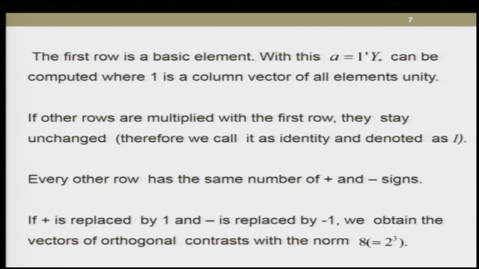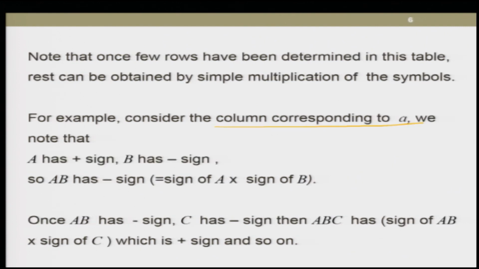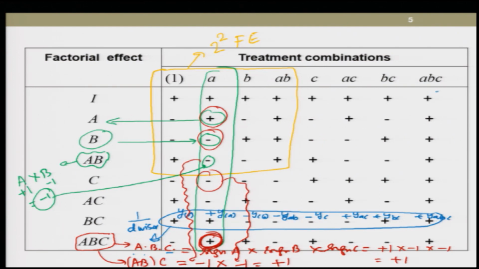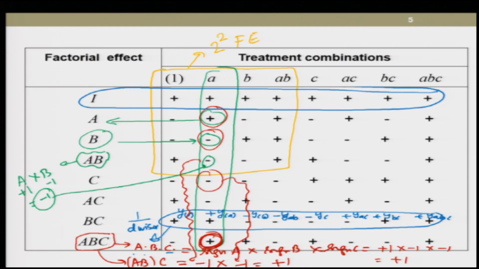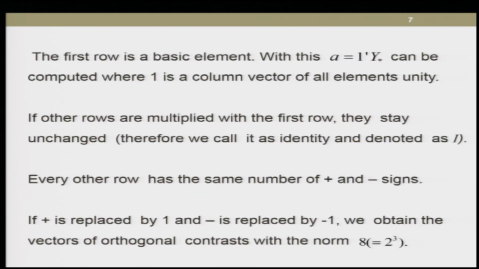The first row here is for the general mean effect, which I am highlighting here in this blue color. So this is I. This I can be expressed as 1 times y star, where 1 is a column vector whose all elements are 1. When we multiply any symbol, plus 1 or minus 1, with plus 1, the symbol will remain the same.